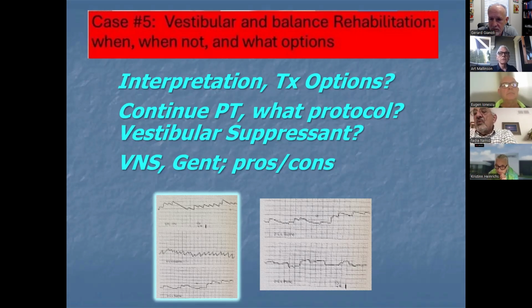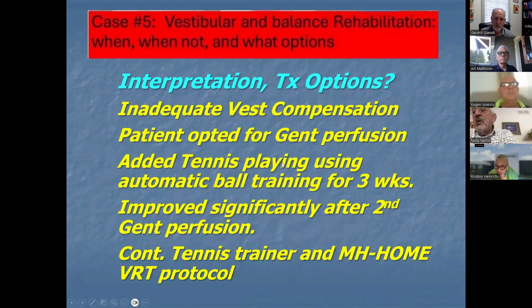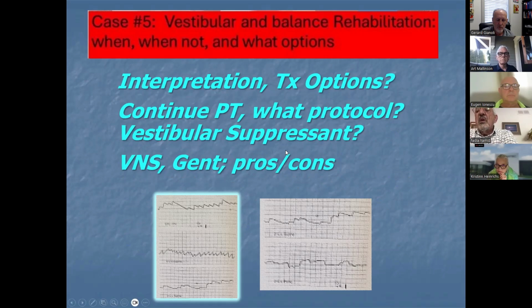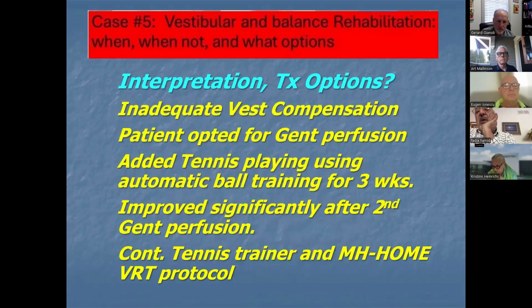I used gentamicin a couple of times, and the patient actually reached very good compensation. And we continued the rehab, obviously, even after the gentamicin. We can go to the next slide. So in the interpretation and the treatment option, this is inadequate vestibular compensation due to, I would say, non-functioning residual vestibular function.